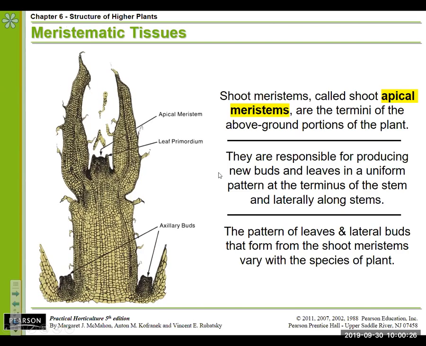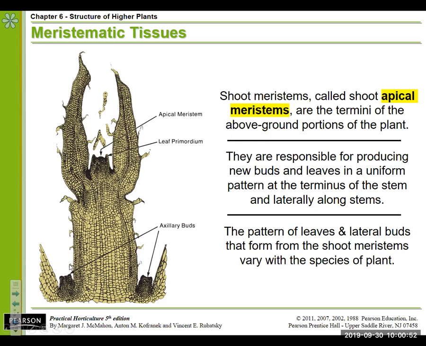So here we have the shoot apical meristem, the top of the plant, the terminus of the above ground portion of the plant. So this is responsible for producing new buds, new leaves along the stem. And then we have these axillary buds that have these secondary meristems that are producing branches.